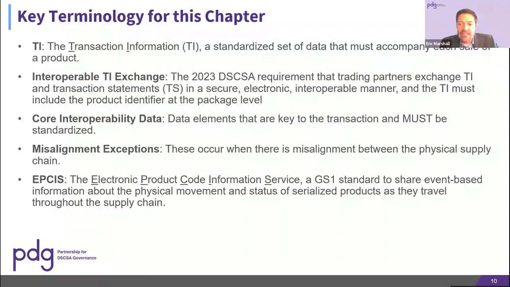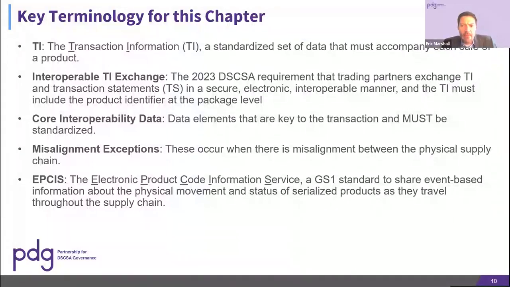Today, that TI is essentially 11 different data points or elements, things like the name and address of the selling entity and the buying entity, the name of the drug, the strength and dosage, the number of containers, et cetera. Ultimately, that package level product identifier will be added in November 2023, this coming fall, which will expand that to 13 elements by adding the individual serial number and expiration date to the transaction information.